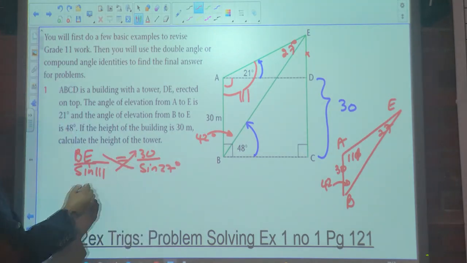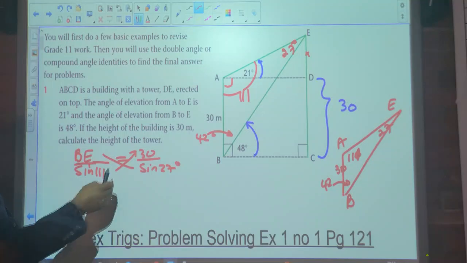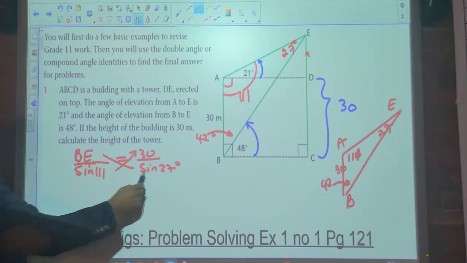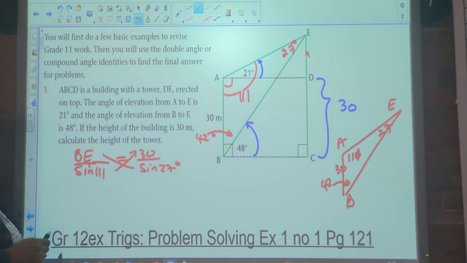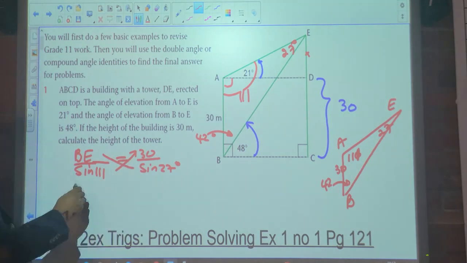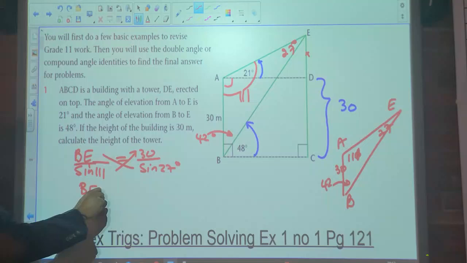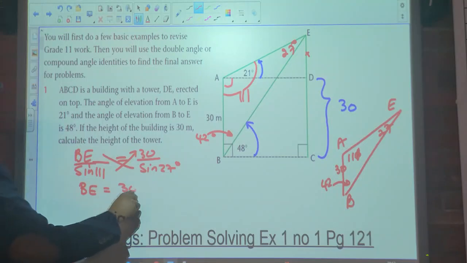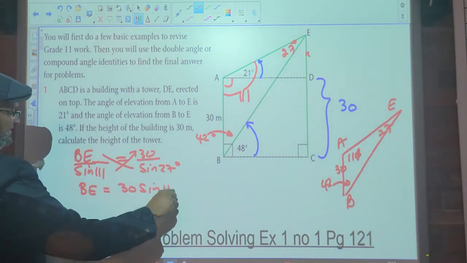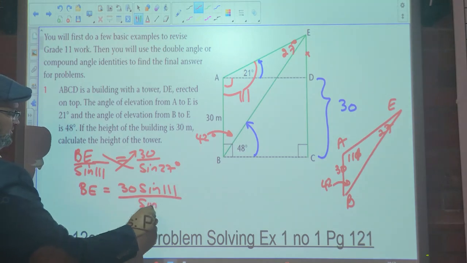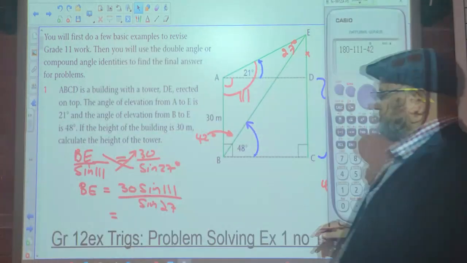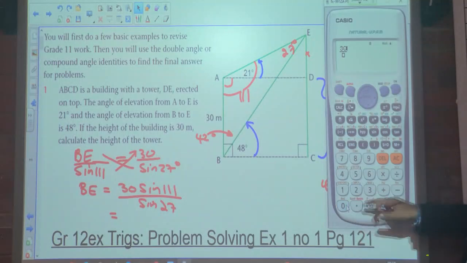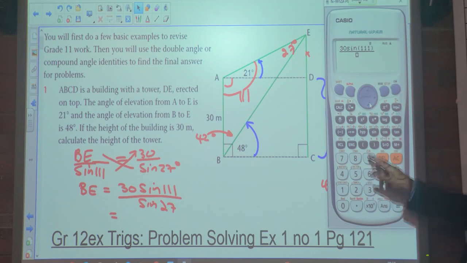BE sine 27 is equal to 30 sine 111. Then I divide both sides by sine 27. So BE is equal to 30 sine 111 over sine 27.